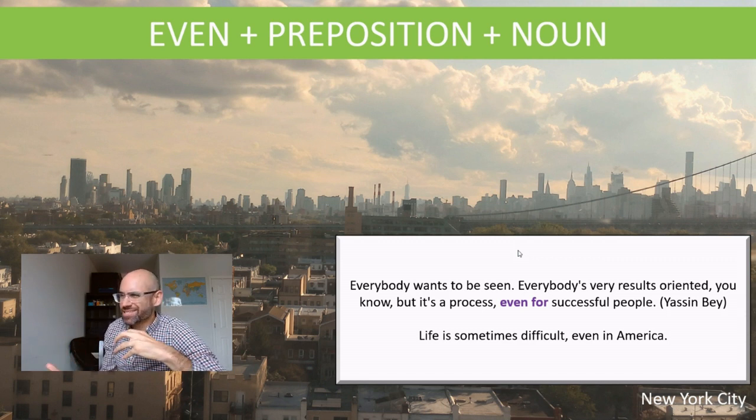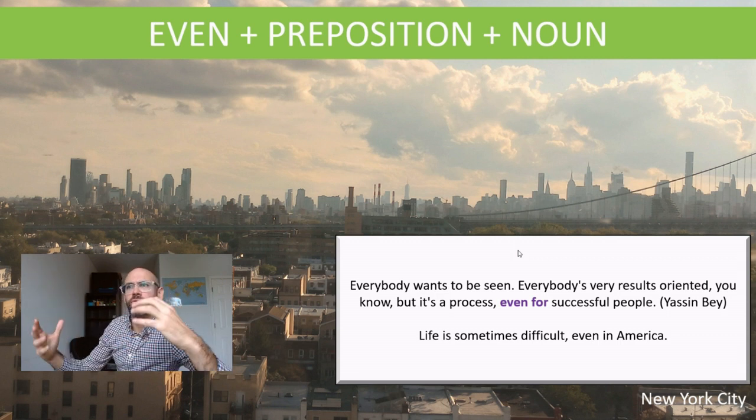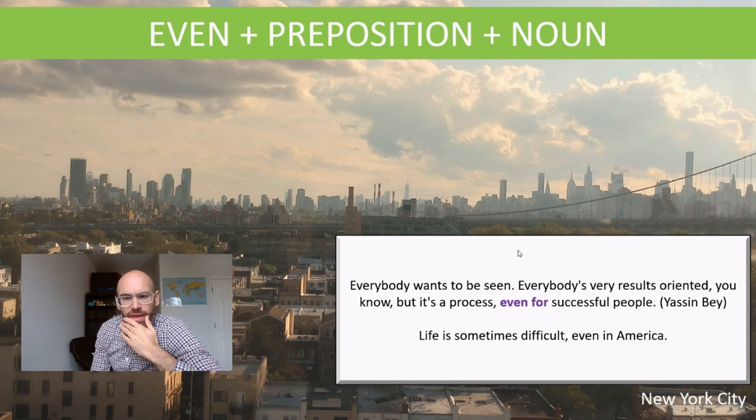So it's including successful people in the group of people for whom success is a process. Even for successful people, being successful is not something that happens overnight. It's a process, right?